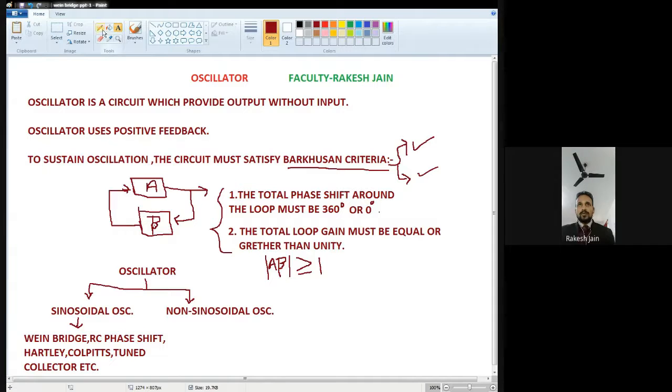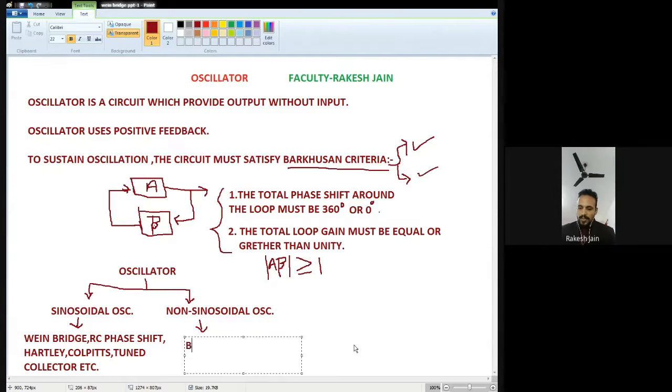And the non-sinusoidal oscillators can be of types like blocking oscillators, multivibrators, etc.